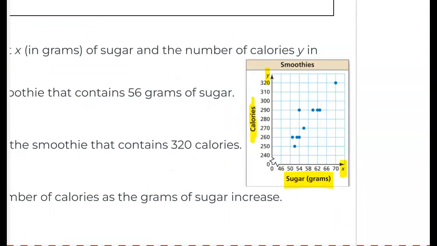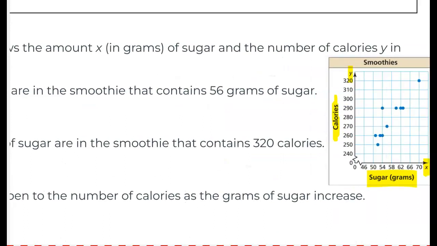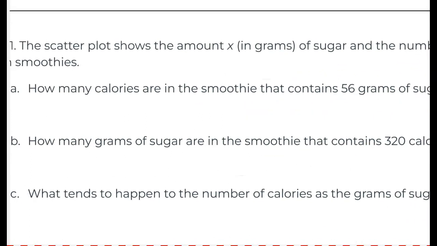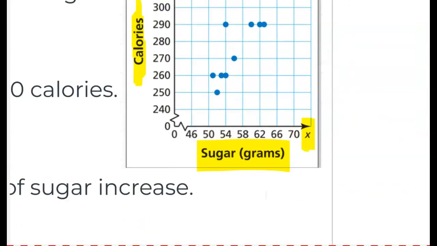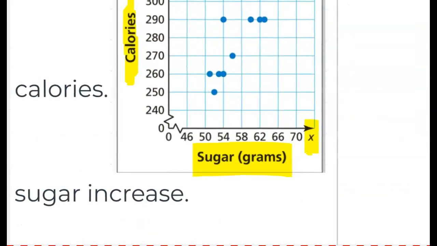We're going to answer a few questions now about the scatter plot just by using what's given to us. So the first question is, how many calories are in a smoothie that contains 56 grams of sugar? Well, we already established where to look: sugar in the smoothie is going to be 56.